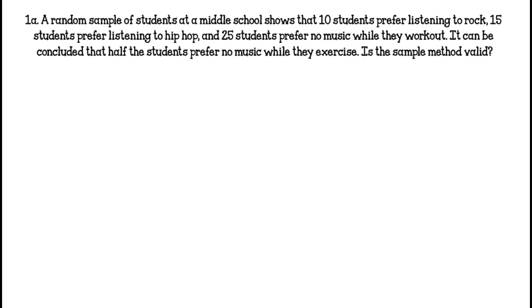1A: A random sample of students at a middle school shows that 10 students prefer listening to rock, 15 students prefer listening to hip hop, and 25 students prefer no music while they work out. It can be concluded that half the students prefer no music while they exercise. Is the sample method valid? Yes, it is, because this is a simple random sample.